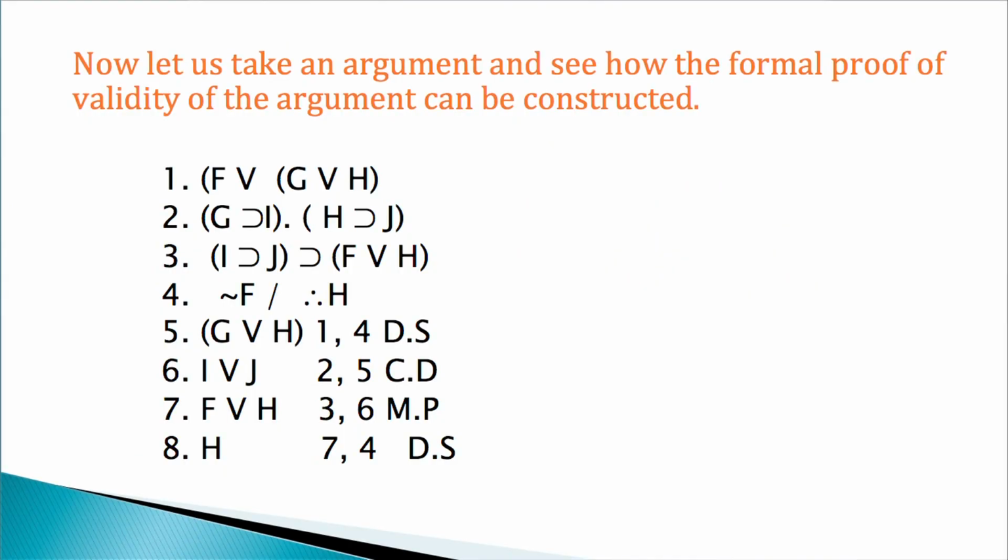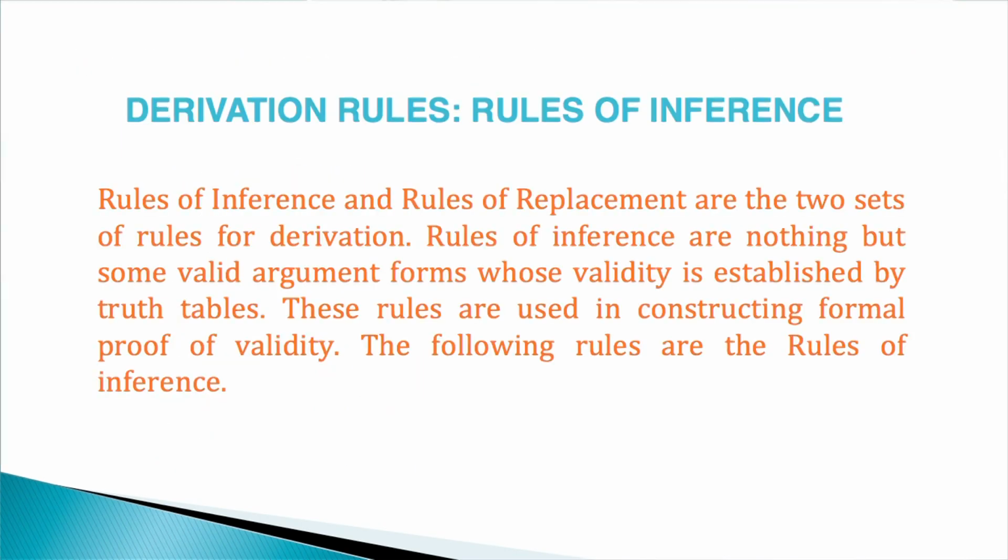Now, dear learners, we take an argument and see how the formal proof of validity of the argument can be constructed. There are two types of derivation rules, that is rules of inference and rules of replacement.